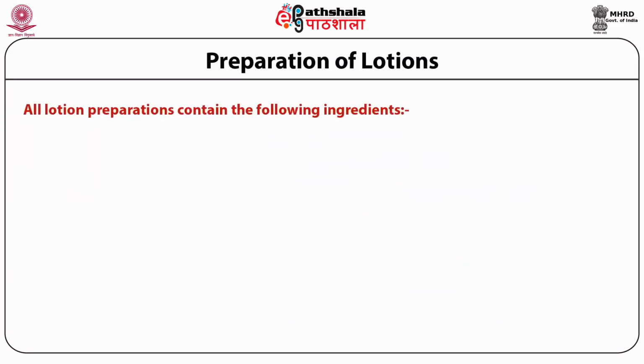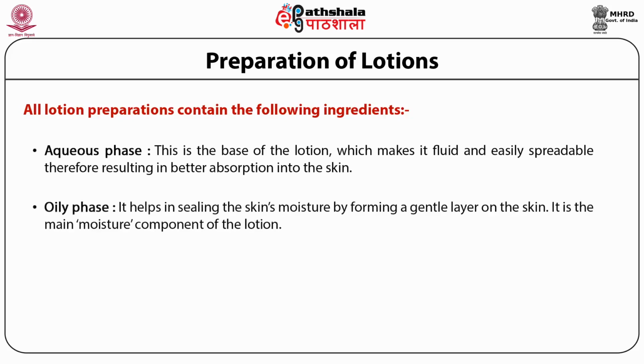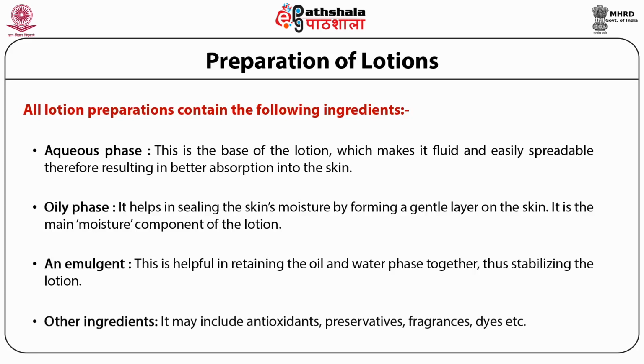This slide indicates the method of preparation of lotions. It can be prepared by having an aqueous phase and an oily phase, the system being stabilized by the addition of an emulgent. Besides this, we can also include a variety of ingredients like antioxidants, preservatives, fragrances, and dyes, which improve the organoleptic properties as well as the aesthetic feel of the product.